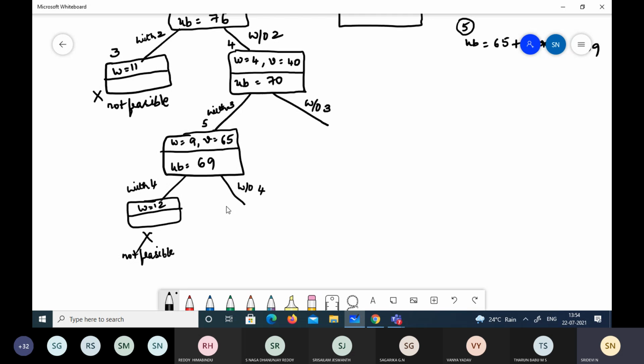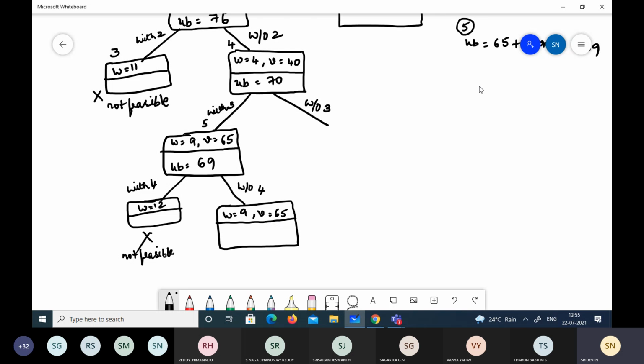Yes, without 4. Without 4 means it will be the same, isn't it? Weight will be 9 only. This value will be 65. And what about UB?